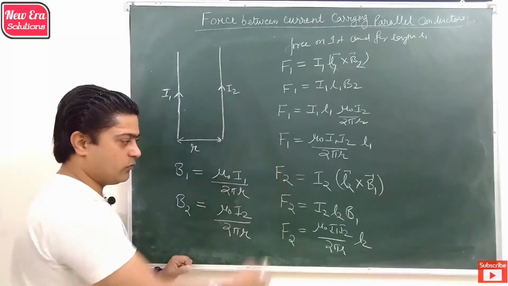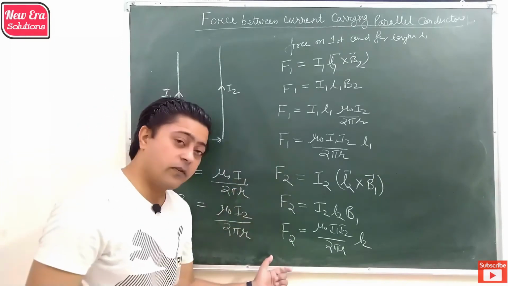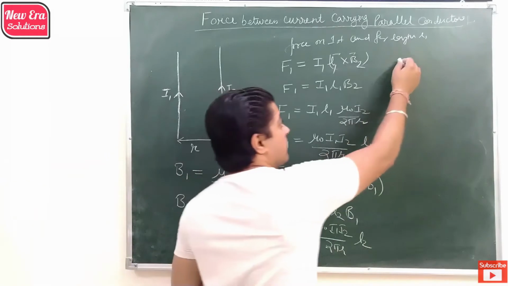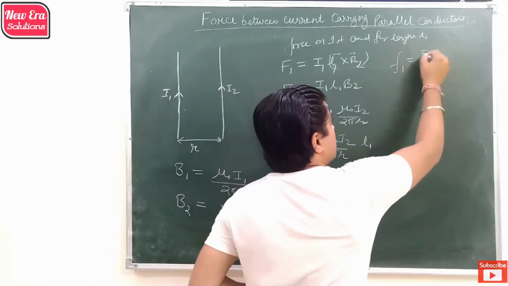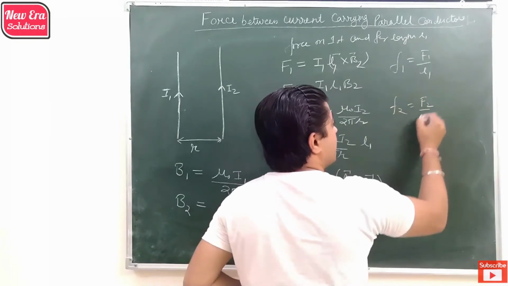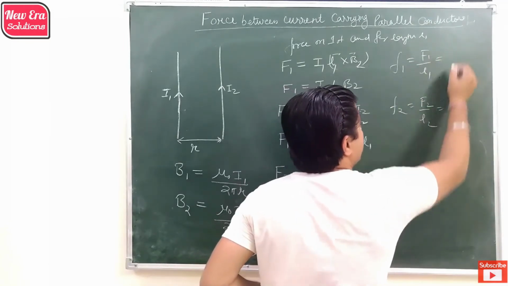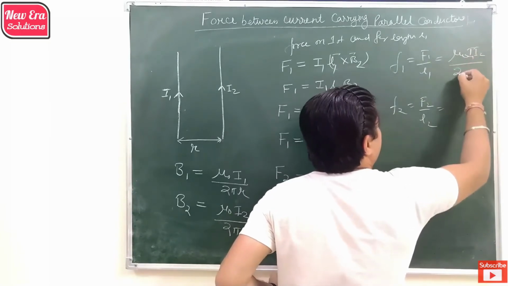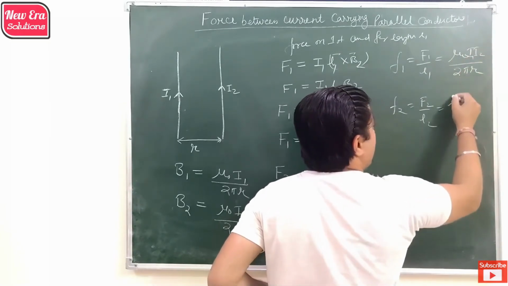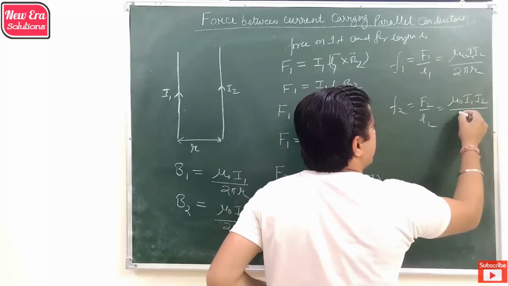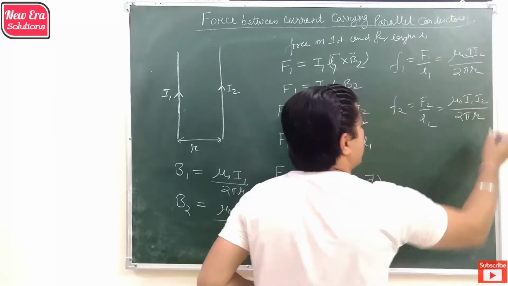So these two forces are different from each other in terms of length, but if we find the force per unit length in both current carrying conductors, then we get mu naught I1 I2 by 2 pi r, and in the second conductor we again obtain mu naught I1 I2 by 2 pi r.